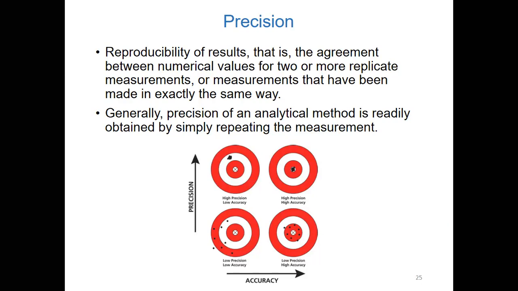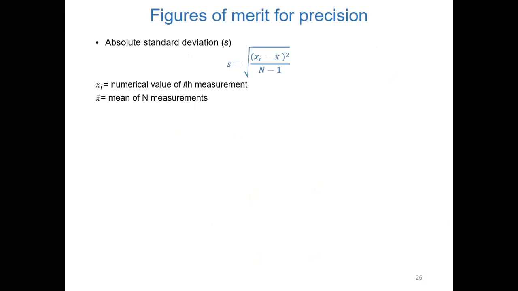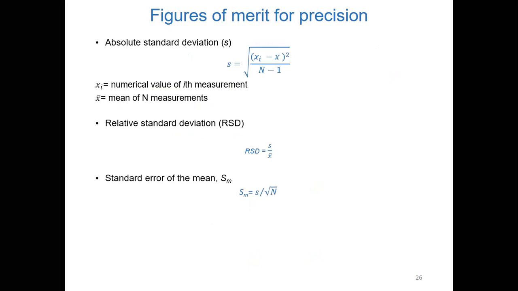Normally, any analytical method should be highly precise and highly accurate. To find the precision: absolute standard deviation, you already know that one, and relative standard deviation, standard error, coefficient of variation and variance. I think I asked you to remember those equations. By using these, we can have an idea about the precision of that particular method.